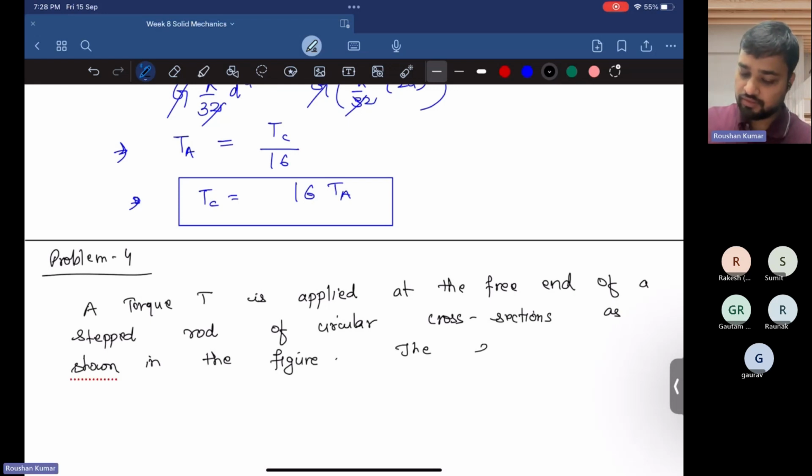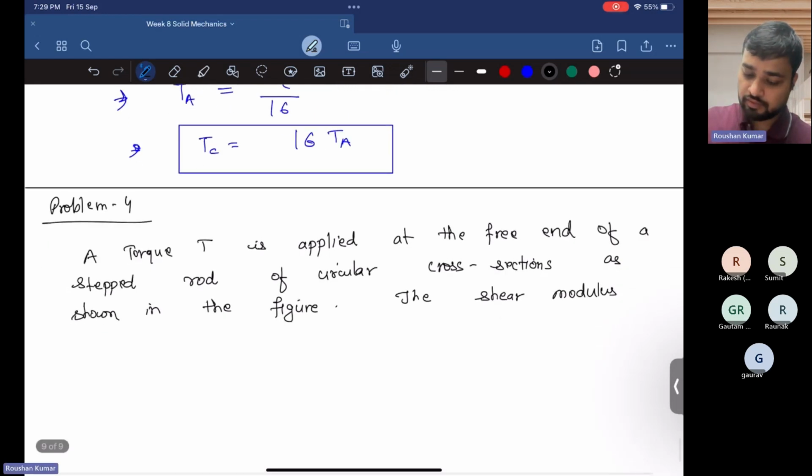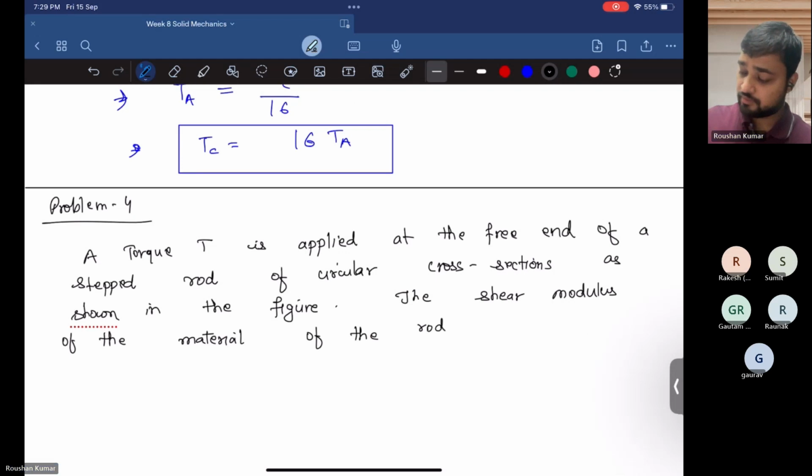The shear modulus of the material of the rod is G.